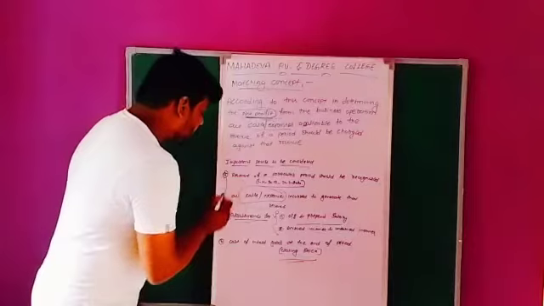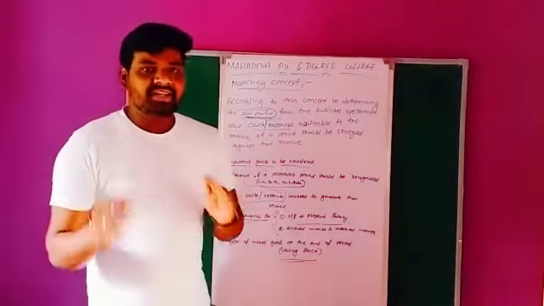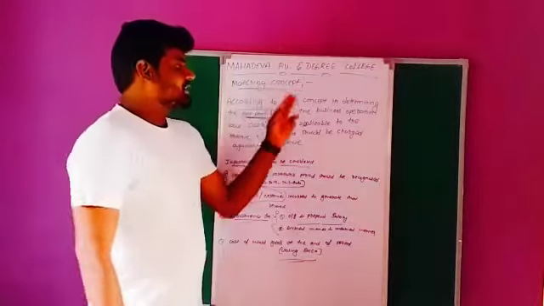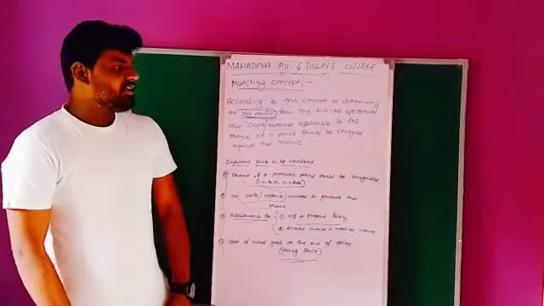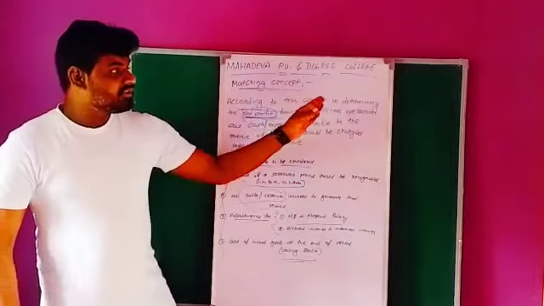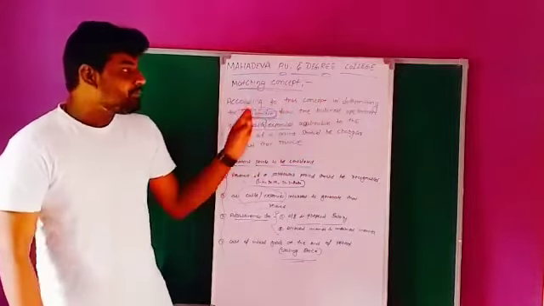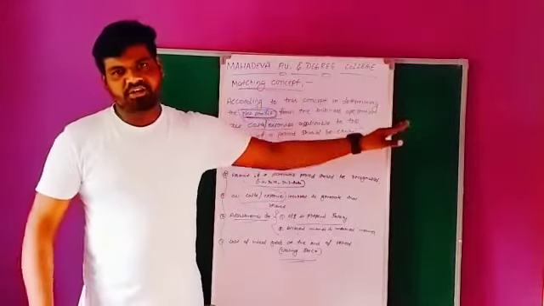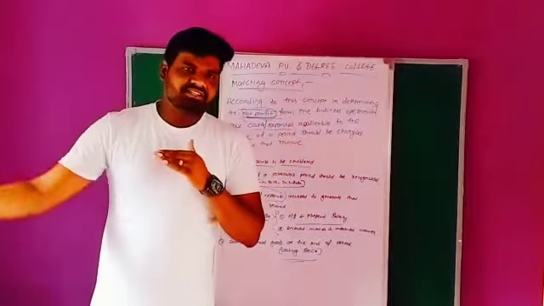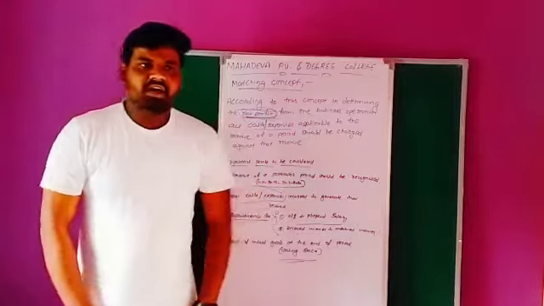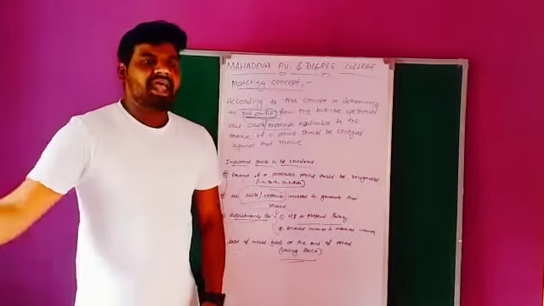These four important points we need to consider in the matching concept at the time of ascertaining net profit. According to this concept, in determining the net profit from the business operation, from various activities. As a business, we have a lot of transactions, right? We can earn some revenues from other activities.